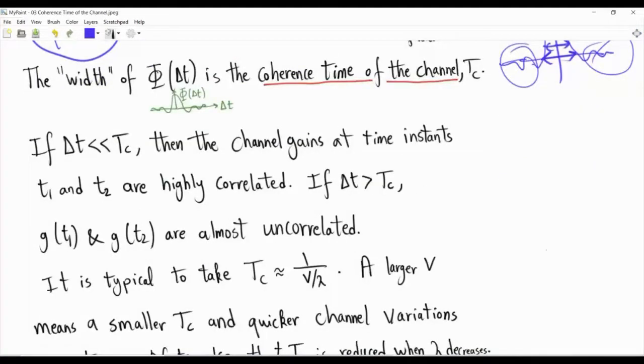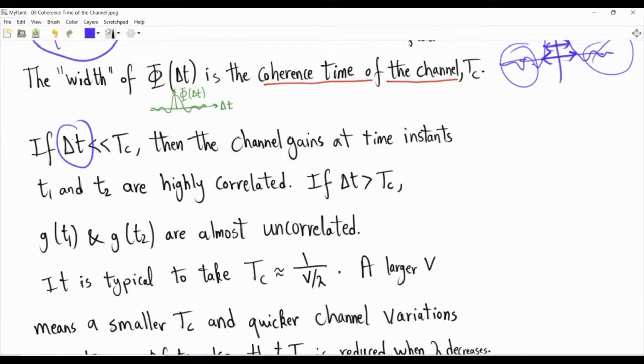A channel has a certain correlation function, which depends on many things. This correlation function will have a width, which is the coherence time of the channel. Now, if you study two time instants that are separated by much less than the coherence time of the channel, so suppose that the coherence time of the channel is 1 millisecond, but then you study the channel now, and you study it after 1 microsecond.